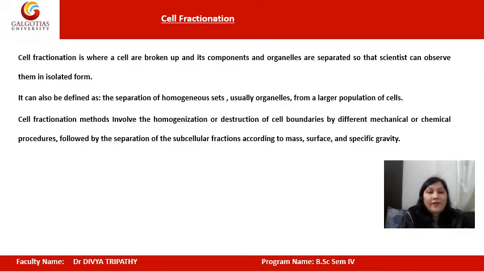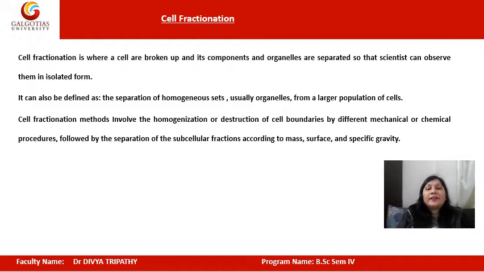This can be defined as the separation of homogeneous sets, usually organelles, from a larger population of cells. If we are asked for the definition of cell fractionation in a single line, the answer should be: the separation of homogeneous sets of cell organelles from a larger population of cells.